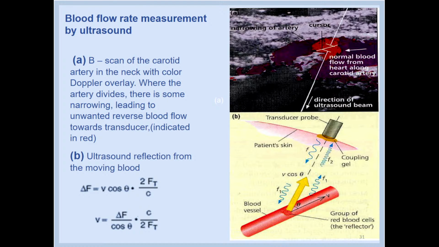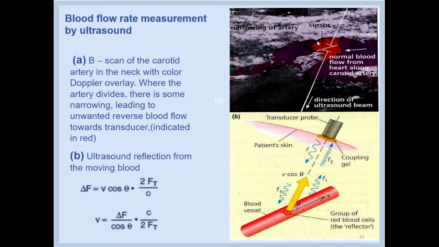The color is reconstructed by the B scan. From this, it is clear where the artery divides, there is some narrowing leading to unwanted reverse blood flow toward the transducer. The color Doppler display indicates this in red.